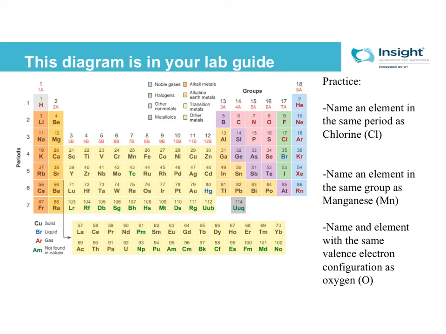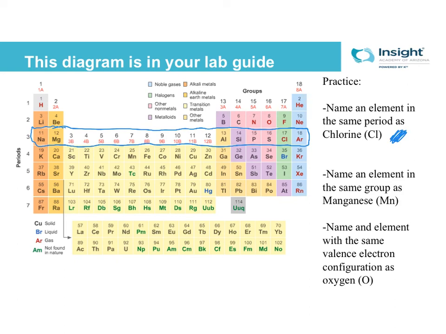That means you should be identifying any of these in period 3: sodium, magnesium, aluminum, silicon, phosphorus, sulfur, argon. Blue matches our answers there.